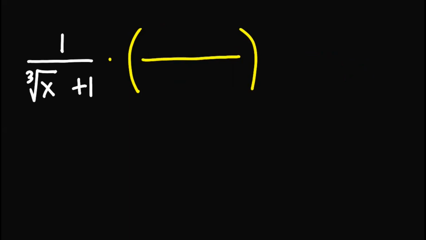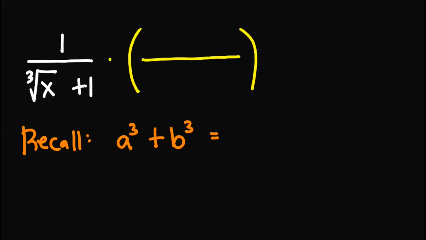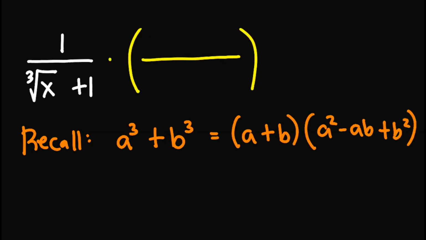So we try to recall another thing that we have discussed. Recall that if we have a cube plus b cube, this one factors into a plus b times a squared minus ab plus b squared.